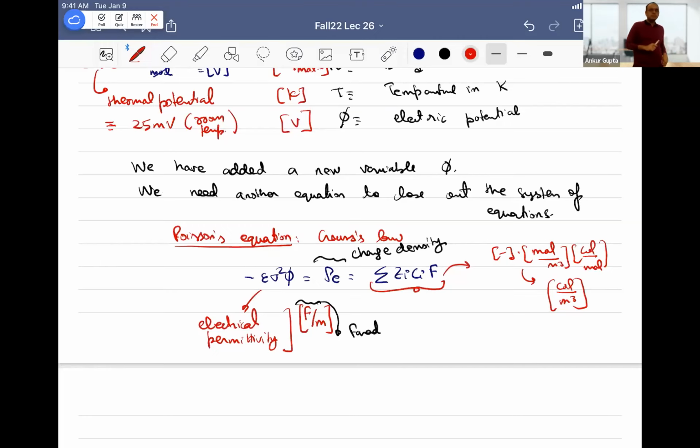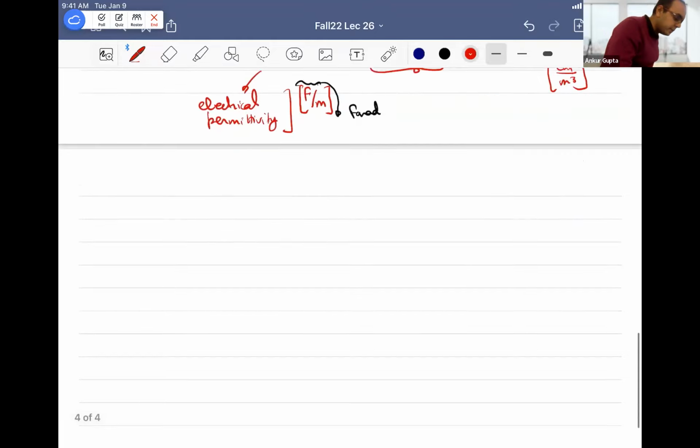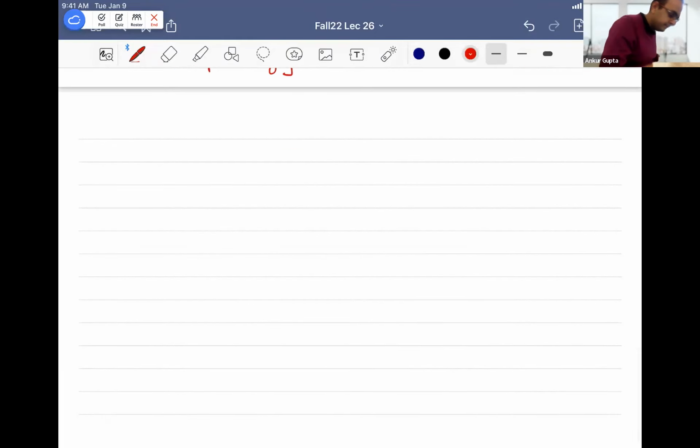So let's close the system of equations. The system of equations is called the Poisson-Nernst-Planck equations.